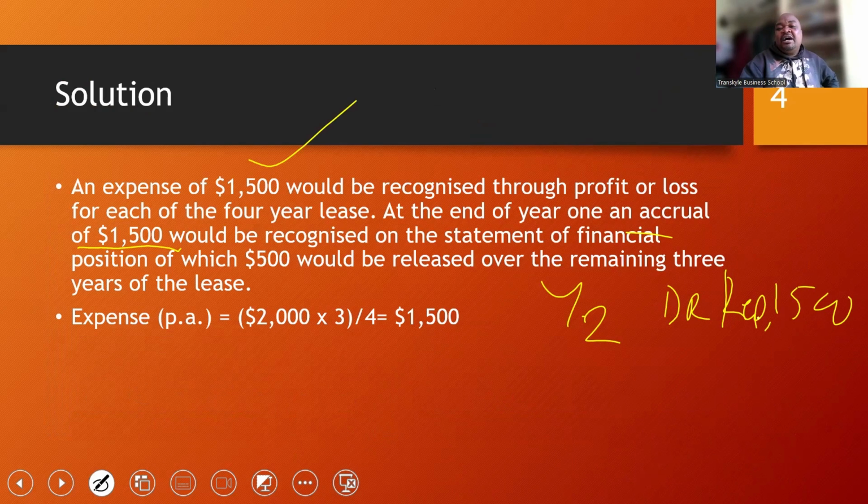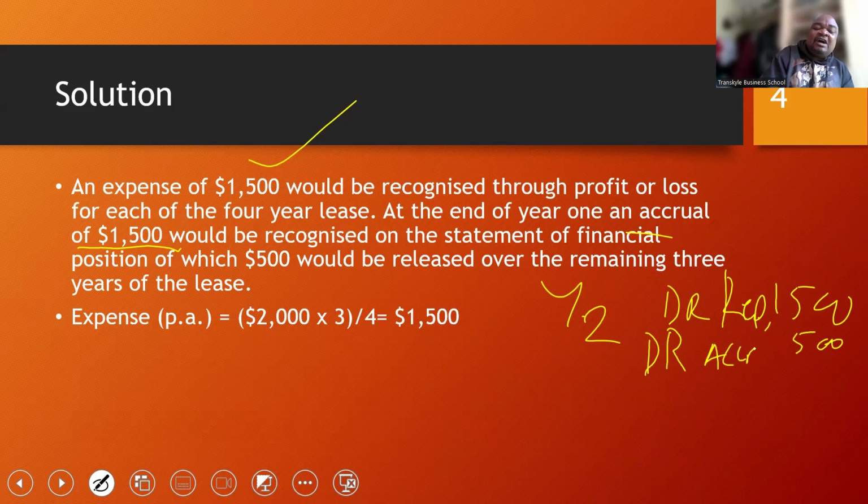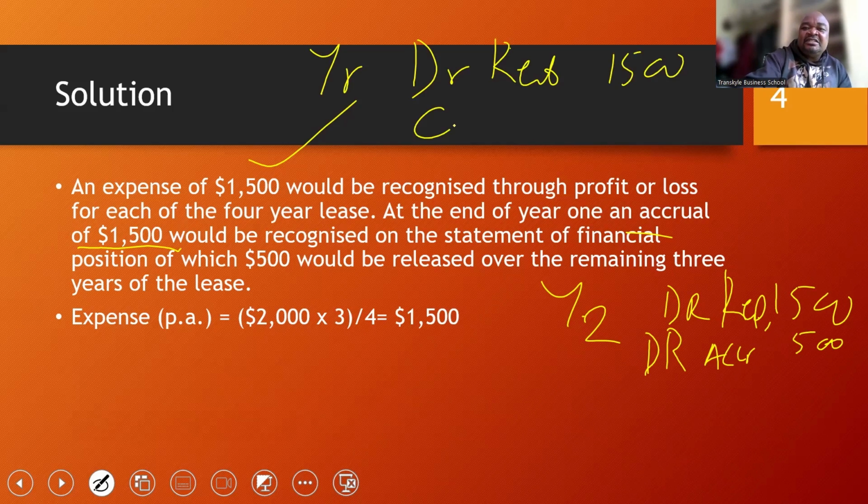We are also going to talk of the other 500. Remember, the other 500 is a debit to accrual. We are reducing the accrual, isn't it? Initially, when we created the accrual in year one, we debited rental expense, 1,500, and credited accrual. There was an accrual of 1,500. That was year 1, isn't it?